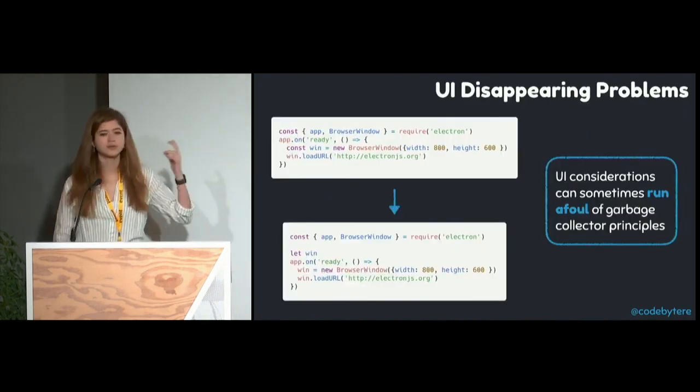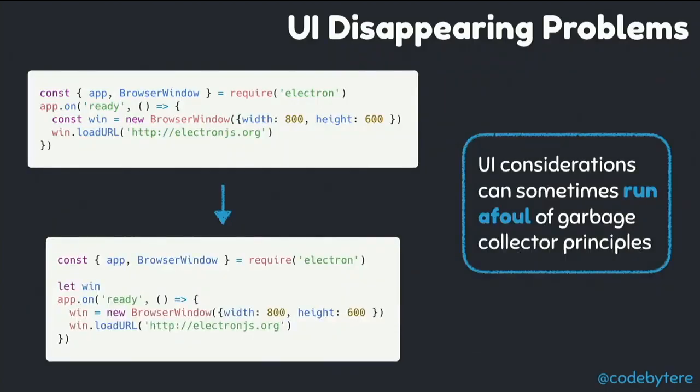A very noticeable and key example of garbage collection and how it interfaces with Electron can be seen in the UI. UI considerations require different strategies around memory management and garbage collection than one might expect. And failing to write code with these strategies in mind can lead to some pretty unexpected application behavior.